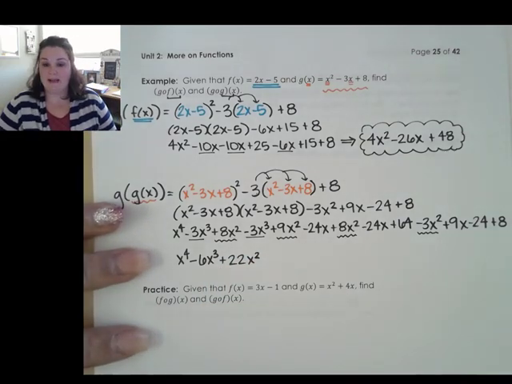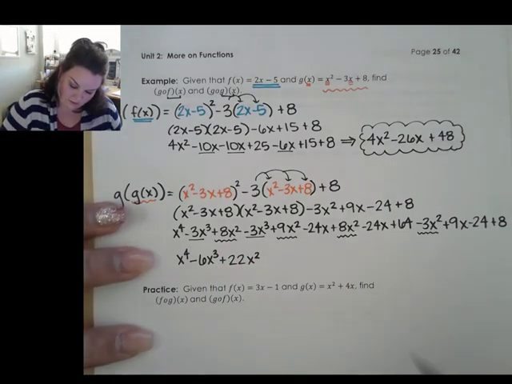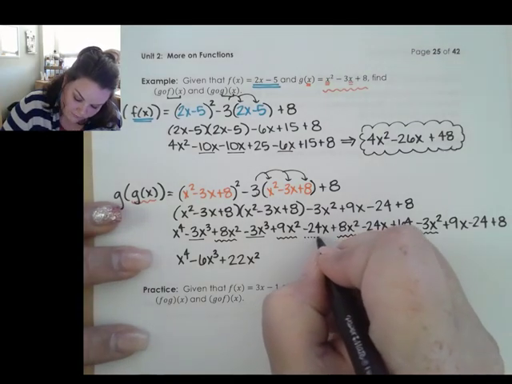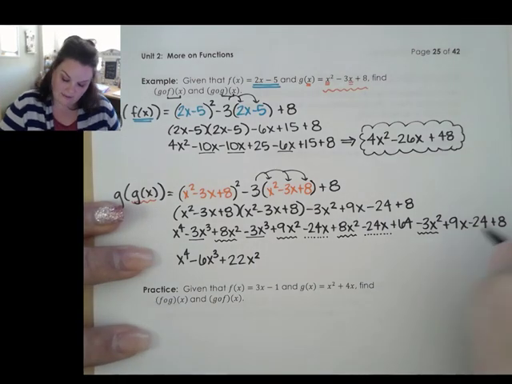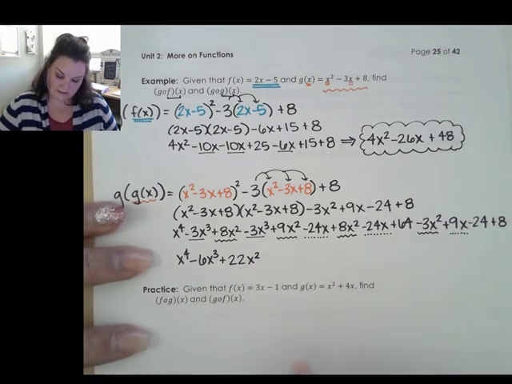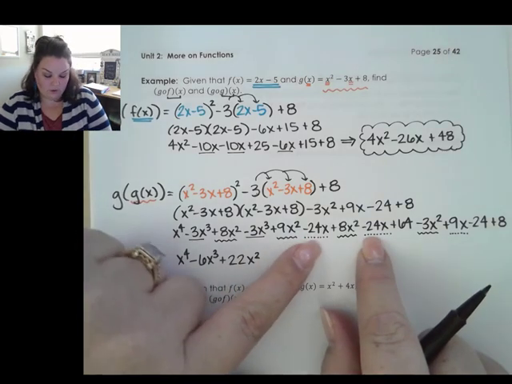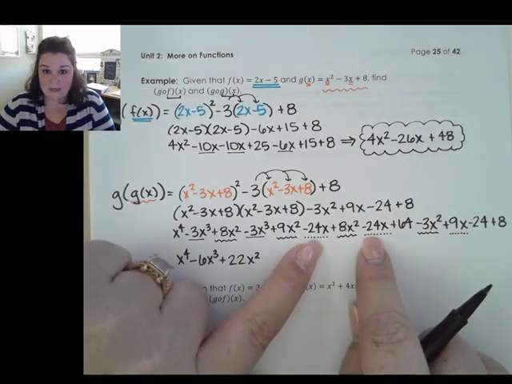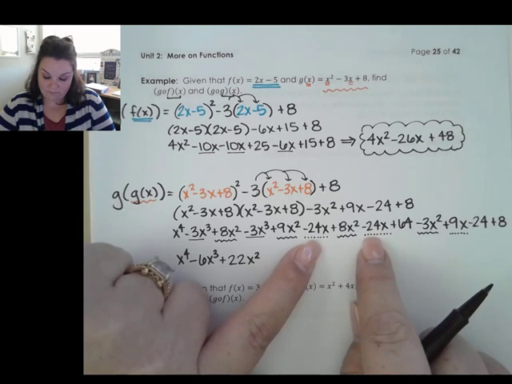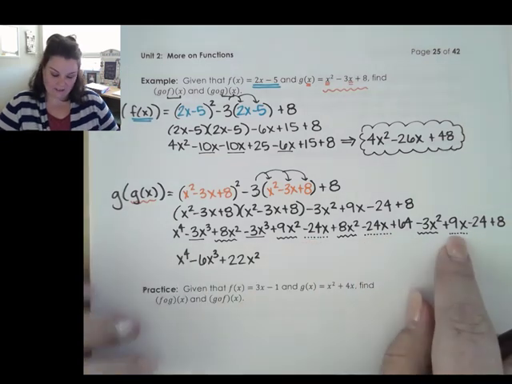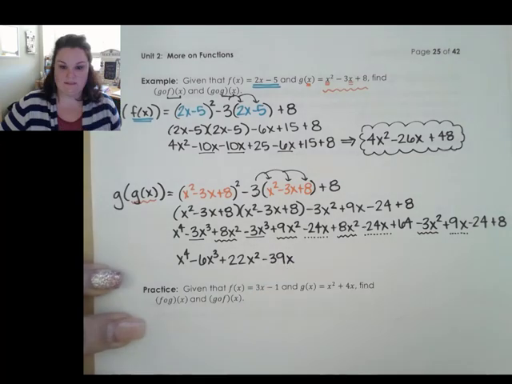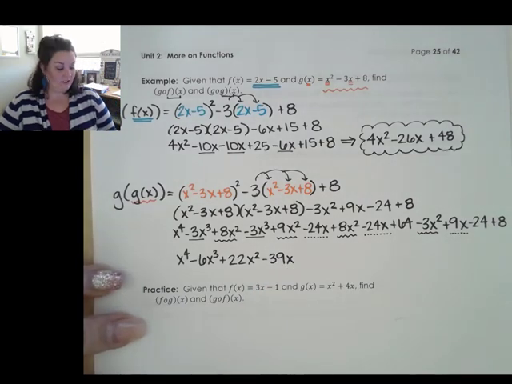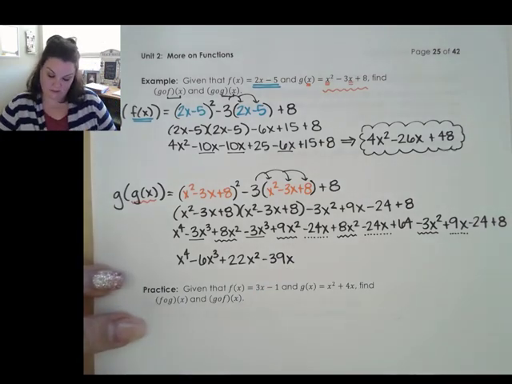And then I need to look at my x terms. So now I have negative 24x and negative 24x. And then I also have 9x. Is that all my x's? Yes. So negative 24 and 24 gives me a negative 48. Negative 48 plus 9 is going to leave me with negative 39x. And then I just have to combine my constant terms.